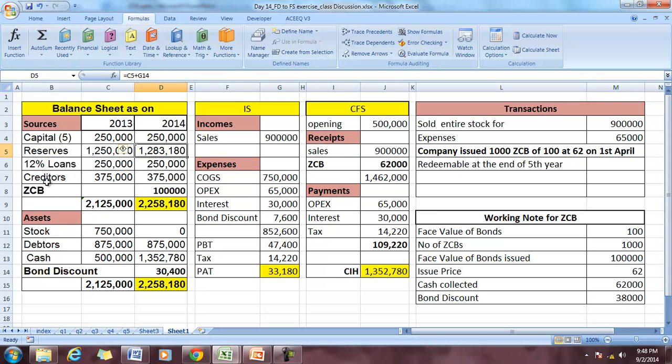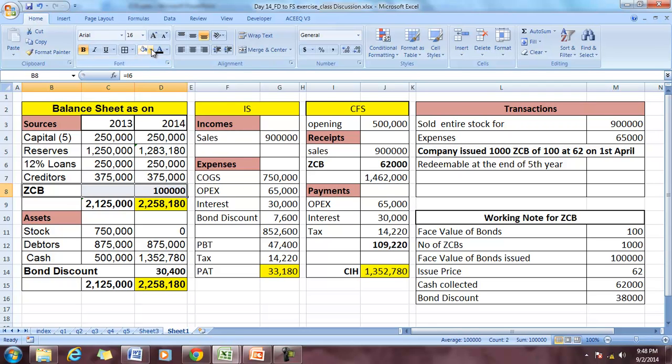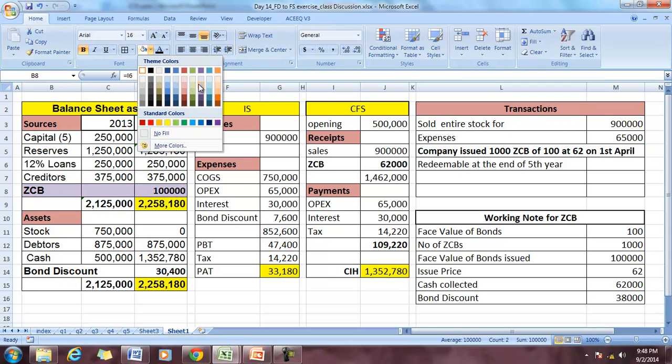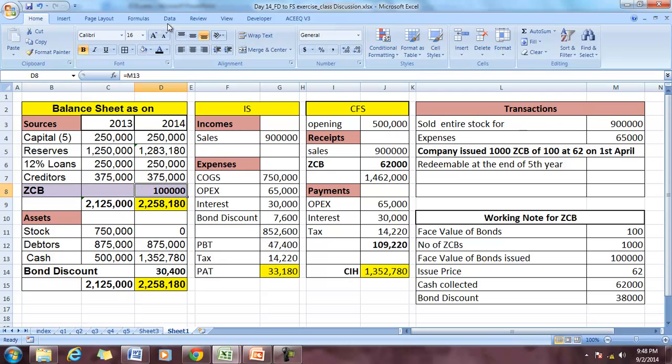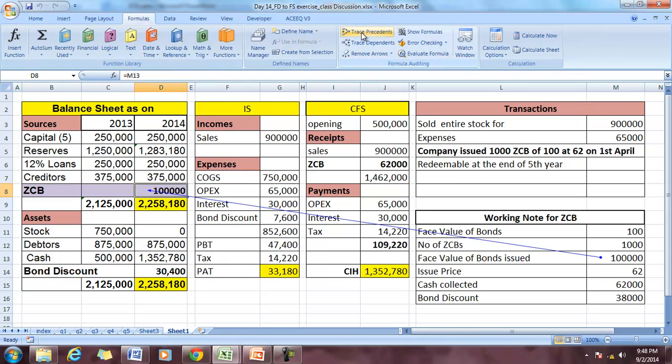Let us observe the treatment of ZCB once again. ZCB will be shown at the face value, and cash collected will be shown as a receipt, and the bond discount will be amortized over the bond life, in this case over a period of 5 years.